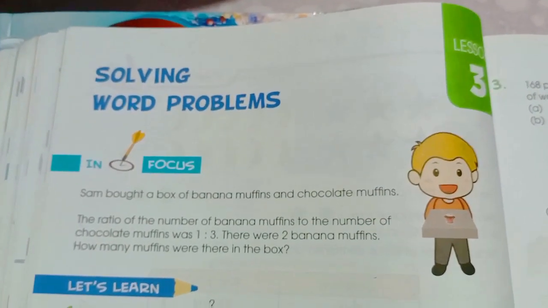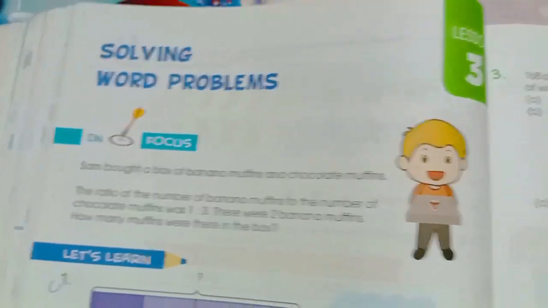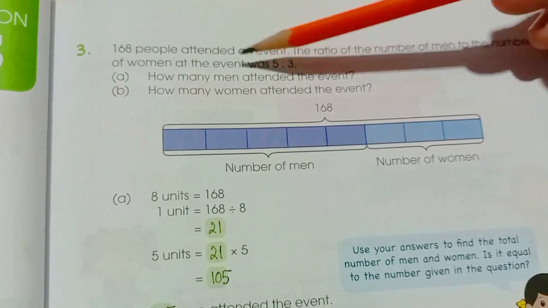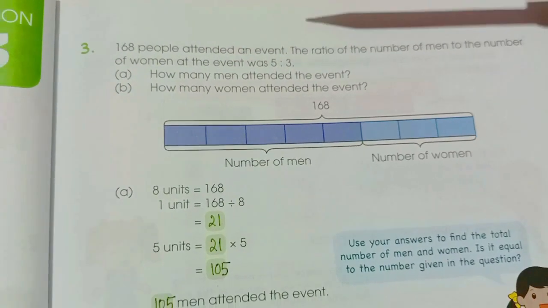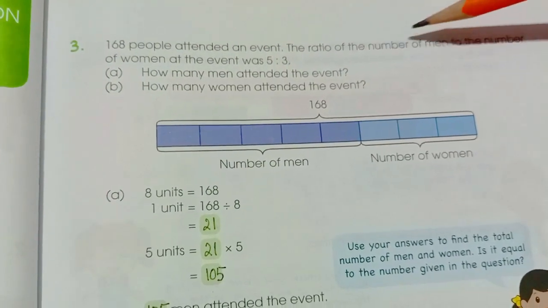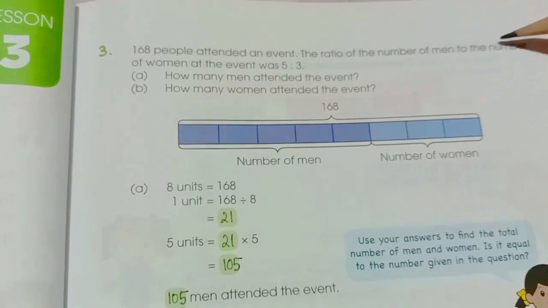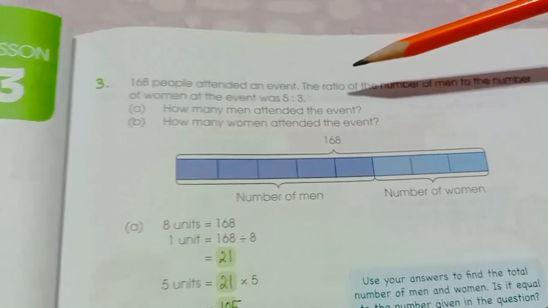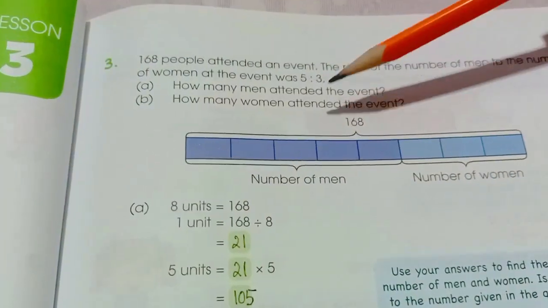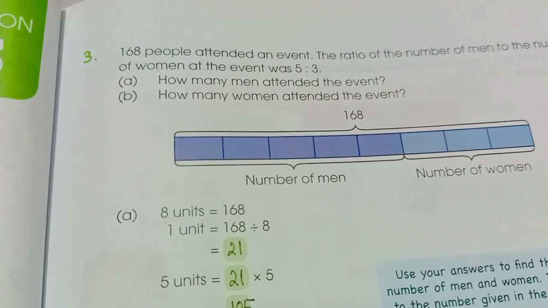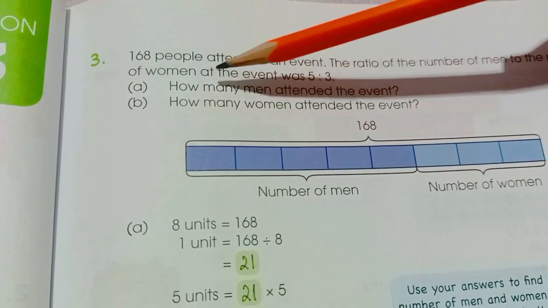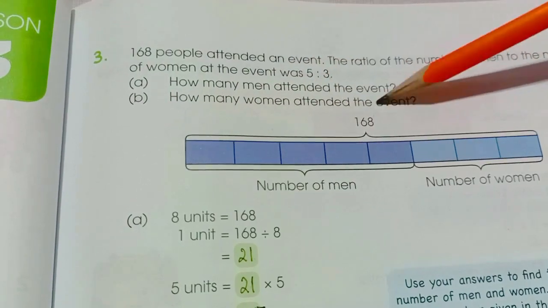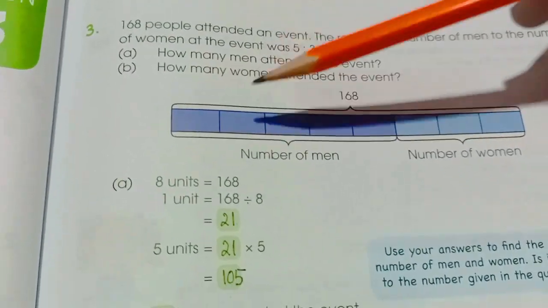Lesson number 3 is solving word problems. Number 3, word problem. 168 people attended an event. The ratio of the number of men to the number of women at the event was 5:3. How many men attended the event and how many women attended the event?